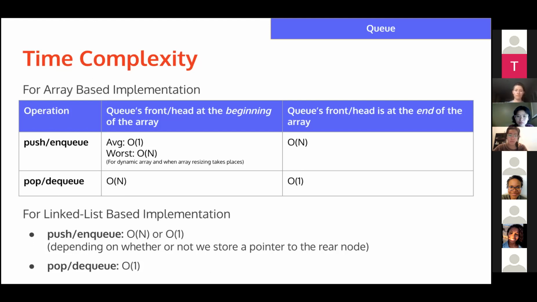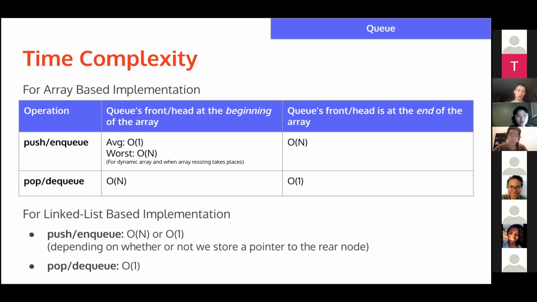And then with the enqueue process, we're adding something to the rear. So we can make some optimizations here for space complexity over time complexity, depending on what we're looking for. If we use the most basic linked list implementation, it's going to be O of n, because we're only storing the head pointer. We have to traverse all the way to the rear and then add something to the rear.